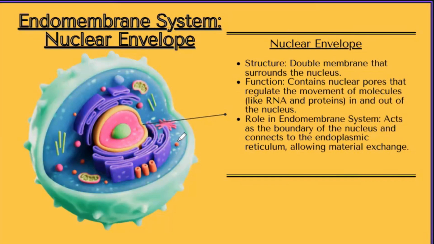Well, the nuclear envelope is the yellow part here that has various pores that allow for items such as molecules to move in and out of the nucleus itself. And it's very important in this endomembrane system because it's a boundary that basically connects the inside of the nucleus to the outside of the nucleus, allowing for materials like RNA and proteins to then release from the nucleus for further process.